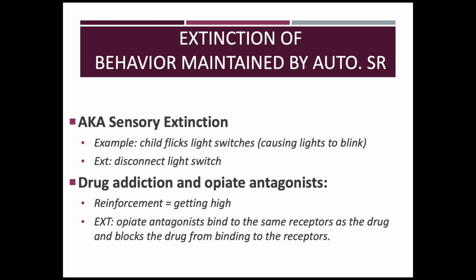The more tricky form of extinction is extinction for behavior maintained by automatic reinforcement. We call this sensory extinction. One of the challenges for behavior maintained by automatic reinforcement is that, unlike social reinforcement, we don't have access to the reinforcer.